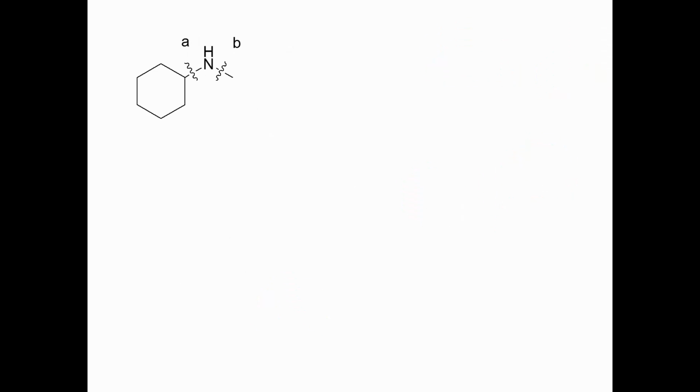This one is a secondary amine, so we're only going to have 2 combinations. A requires cyclohexanone, and then the nitrogen component that contains everything to the right of the slash mark for A. So it requires cyclohexanone and methylamine.